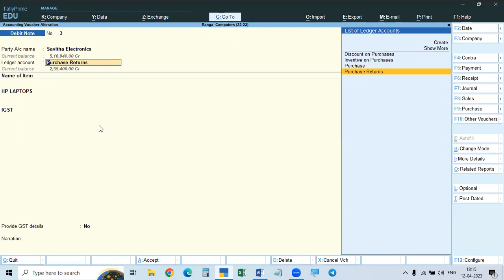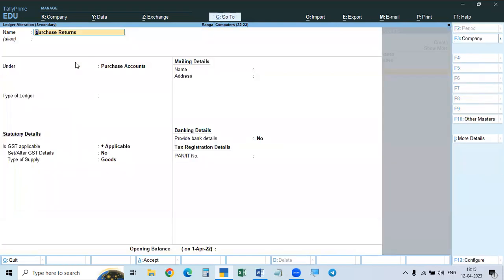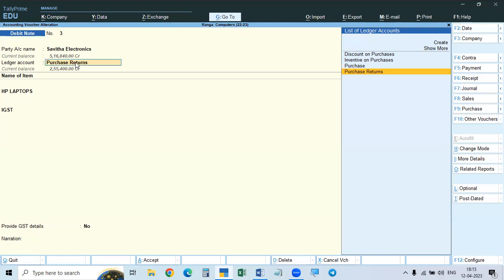We have to reduce returns and show that. That is why the purchase returns account is created separately, but the group will be purchases only. So in the profit and loss account, total purchases will be shown, less purchase returns, minus it will show, and the amount. That is why this is purchase returns.